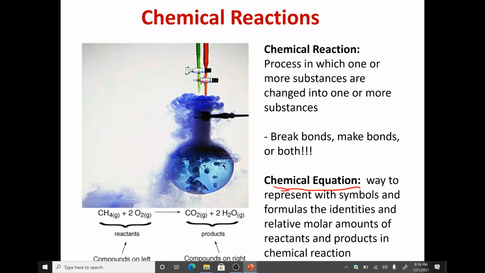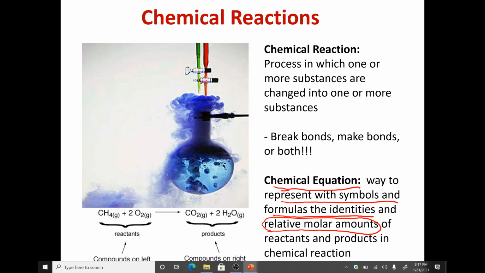So we call this a chemical equation. It's a way to represent the formulas, the identities of the chemicals that reacted and the chemicals that actually formed. And we'll get more familiar with the molar amounts of them.